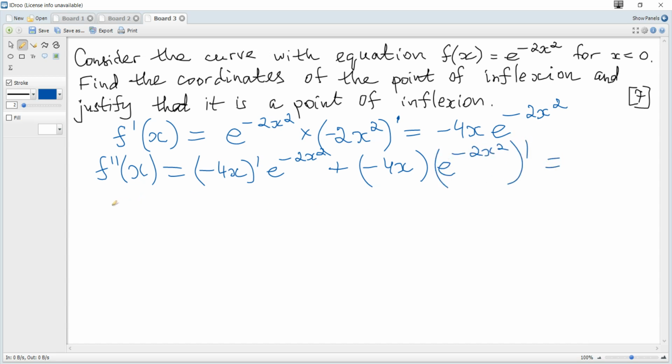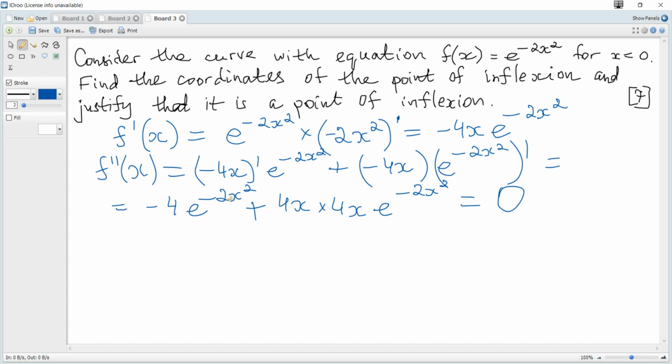It is equal to negative 4 e to the power of negative 2x squared, plus the derivative of negative 4x, which is negative 4, so minus 4x times negative 4x e to the power of negative 2x squared, plus 4x squared... and it should be equal to 0 if we want to find the point of inflection.